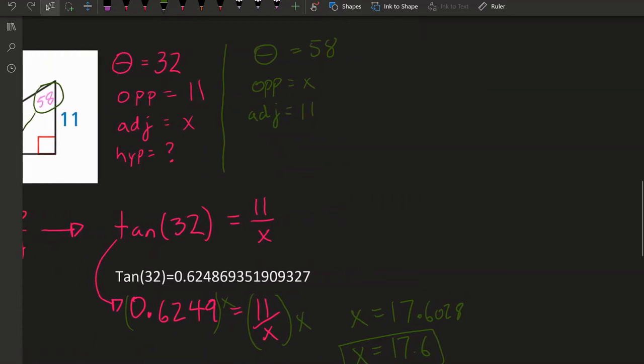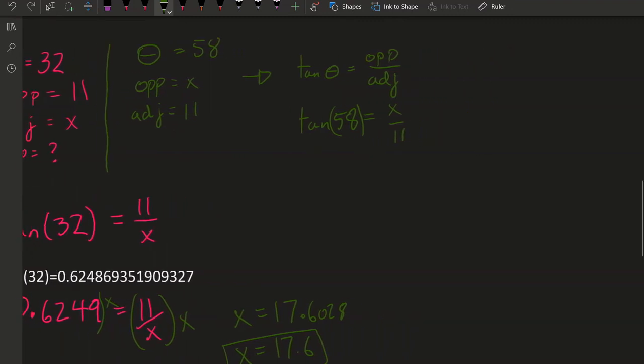So, doing my calculations a little bit differently, I would get tangent of theta equals the opposite over the adjacent, tangent of 58 is equal to x over 11.